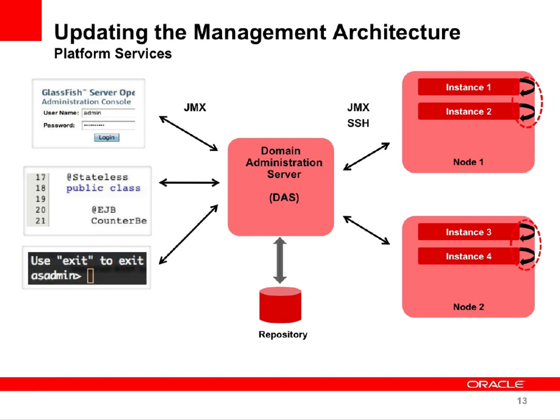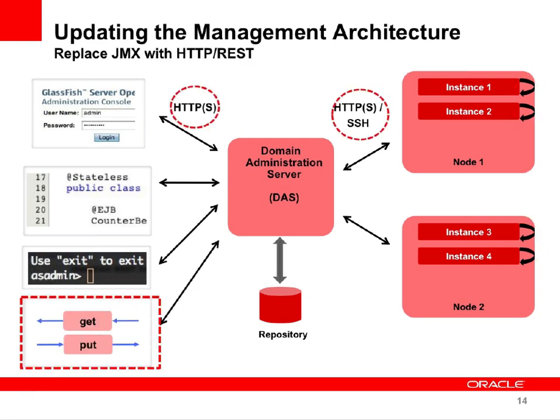So you can actually place an instance under a Windows service control such that if an instance fails, Windows will automatically restart it. And on Solaris, the equivalent is the Solaris management facility. And on Linux, we actually use etc rc scripts. So when you boot the server or shut down the server, the instances can automatically be started and stopped as well.